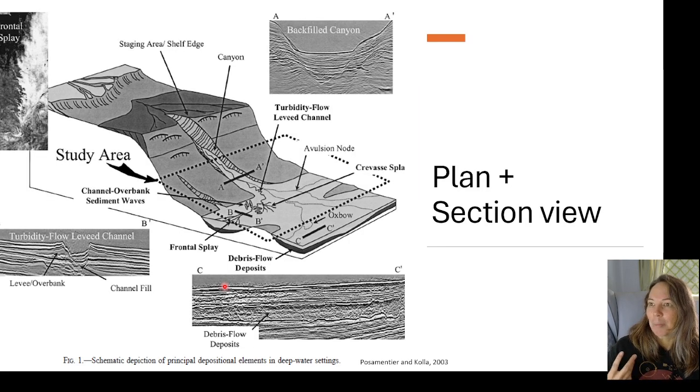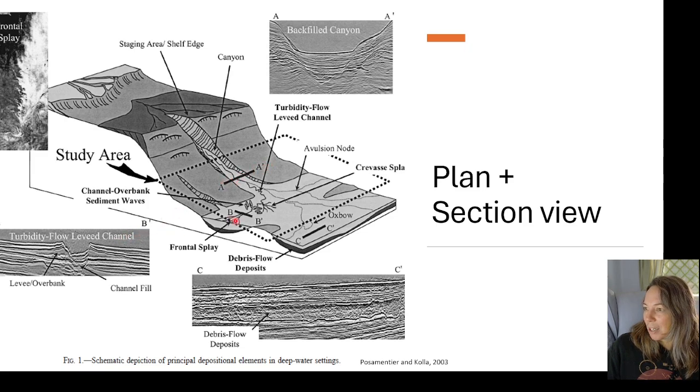And then once you have an idea of what you're working with, you can go between the plan and the section view. This is an example from one of Posamentier's papers where he's got his analog and he's showing it in time over here in the upper left, where we see this lovely frontal splay down on the basin floor. We've also got some examples in this system of a backfilled canyon in seismic, right here as we're coming off the slope of the shelf.